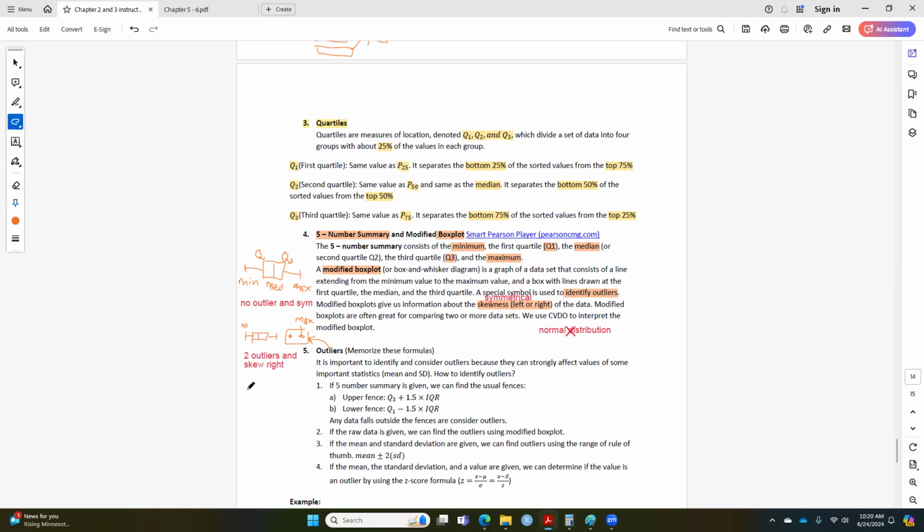Then we have another one that looks something like this. If you have this kind of box plot, you have only one outlier, and it is skewed to the left. So in this case, you do have one outlier on the left side, and it is skewed to the left.